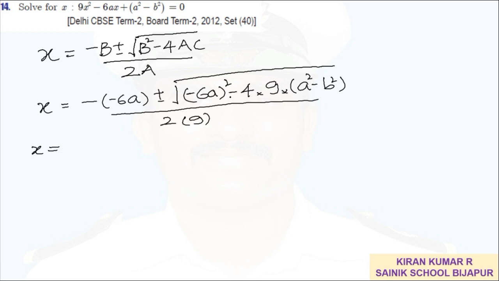So let us simplify this. We will be getting a negative of negative as positive 6a plus or minus root of 36a square. Then 9 multiplied to 4 will be 36. So minus 36a square minus of minus is plus 36b square divided by 18.